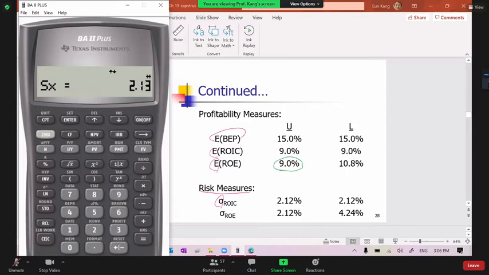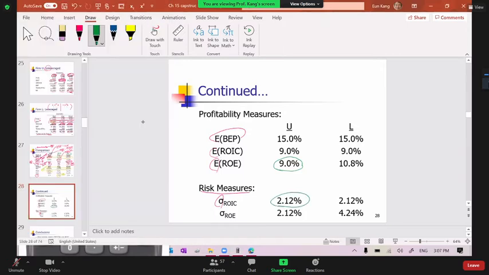And sigma X, you have to ignore because that is the sample standard deviation. It's 2.12. So that is how to set up this table: data, stat, use one variable, and hit down arrows to get all those numbers.